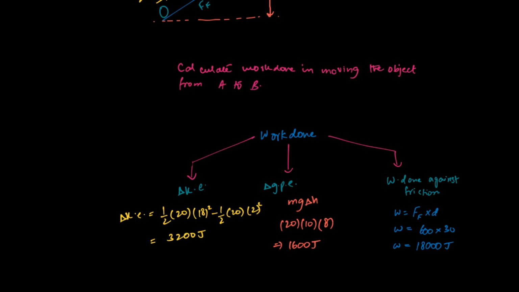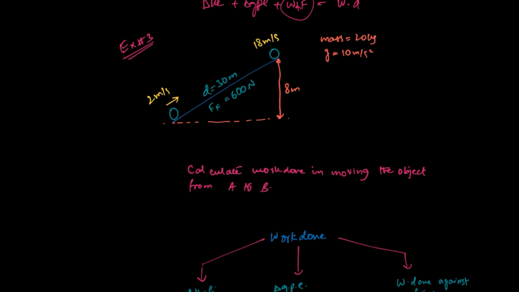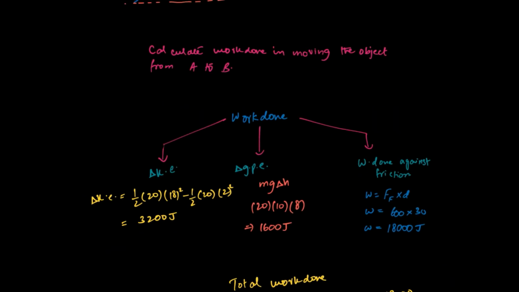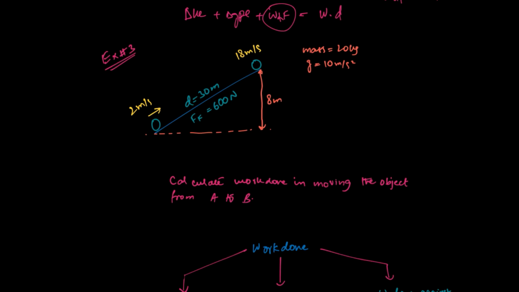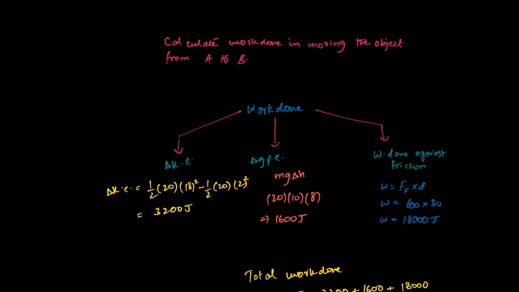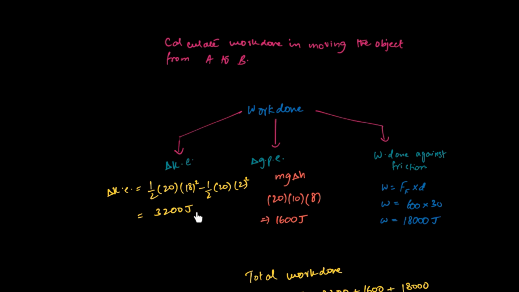The final kinetic energy of the object would be 1 upon 2 m v square, where v is the final velocity, given as 18 meters per second, subtracted by 1 upon 2 m v square, where the velocity is the initial velocity, 2 meters per second, and the answer would be 3200 joules.